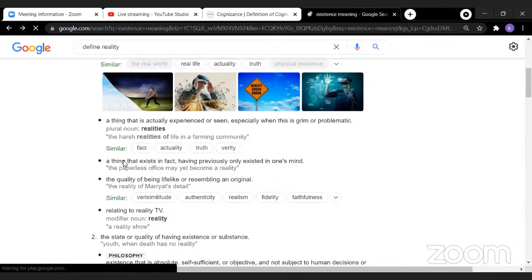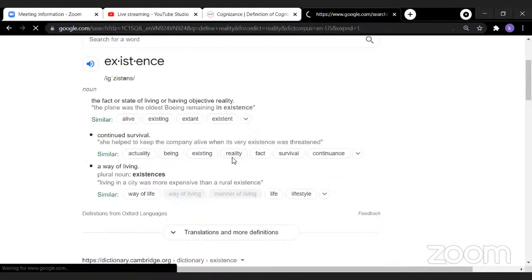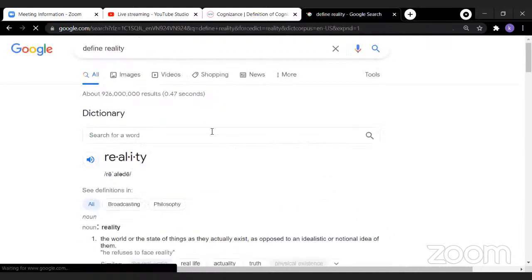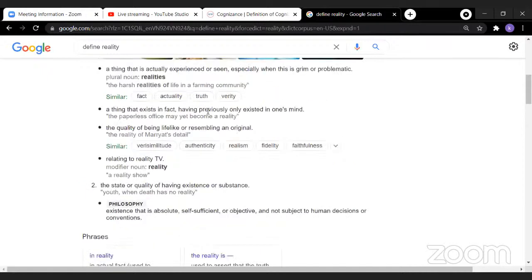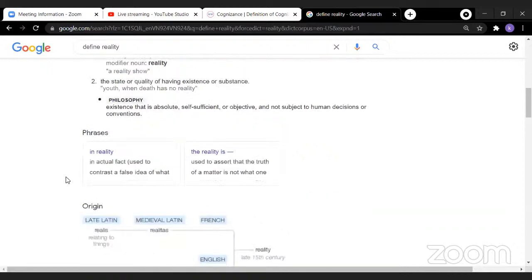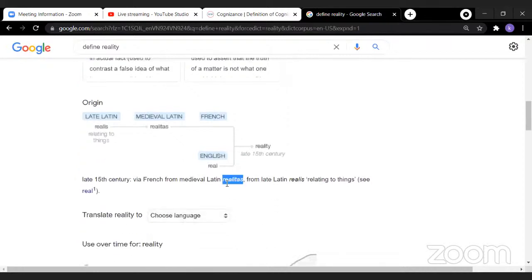Here's another definition: a thing that exists in fact, having previously only existed in one's mind. No, that would be abstract. Let's not waste too much time.